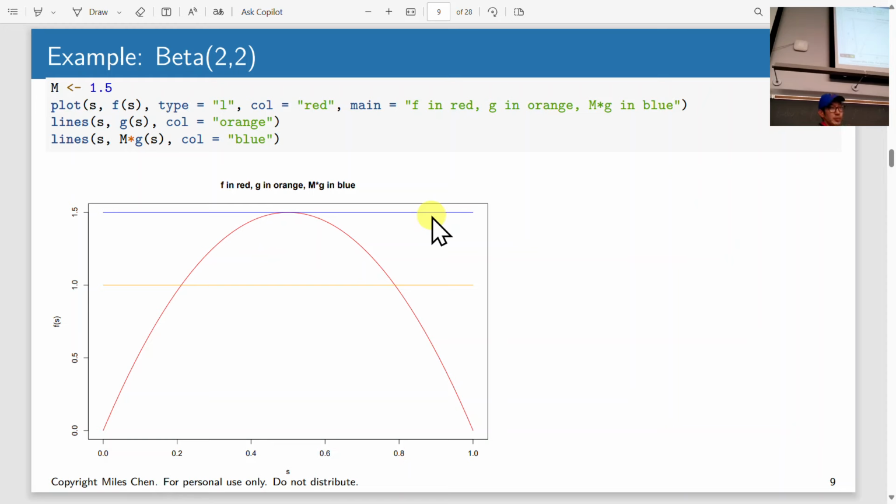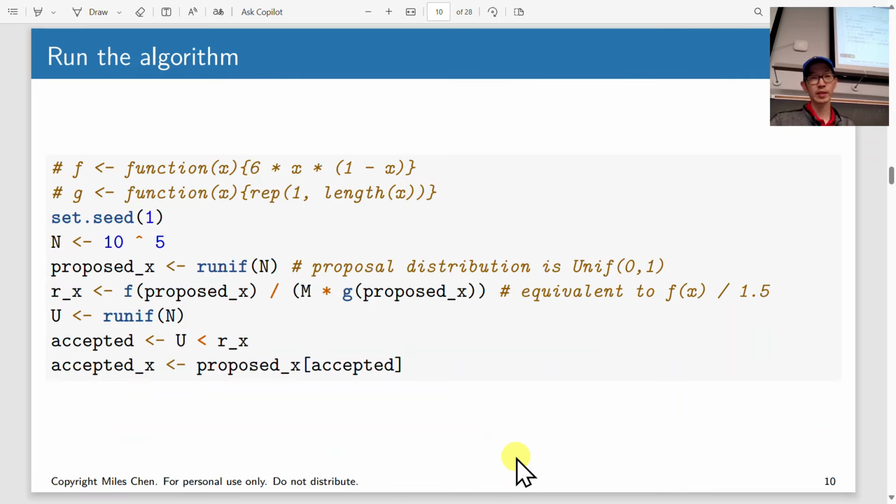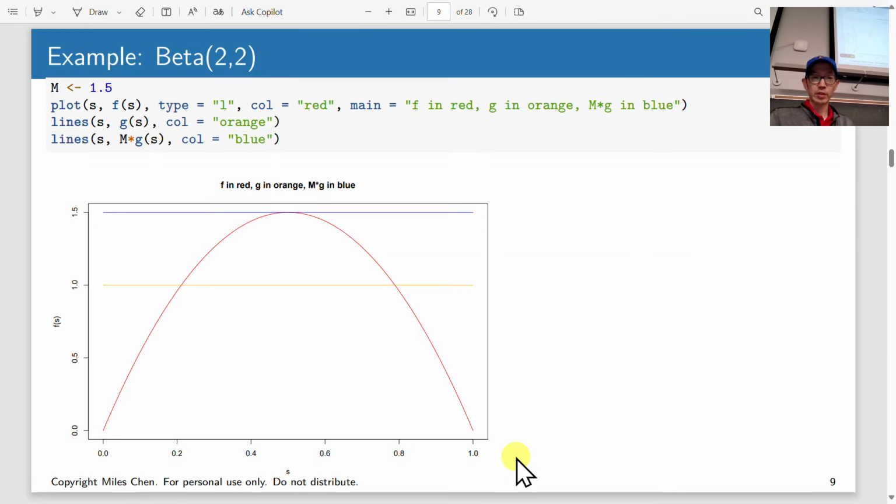What we're going to do is generate random values from the uniform distribution from 0 to 1, and then we're only going to keep some of them.